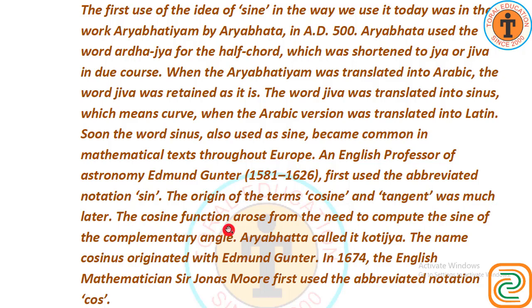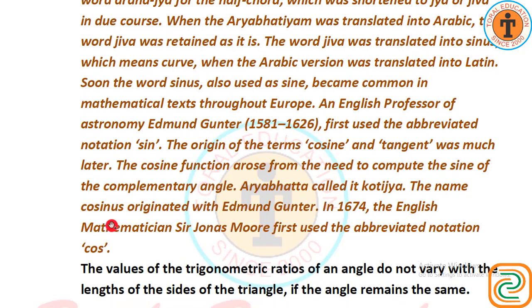The cosine function arose from the need to compute the sine of the complementary angle. Sine of complementary angle, that is cosine. Aryabhata called it kotijya. The name cosinus originated with Edmund Gunter.